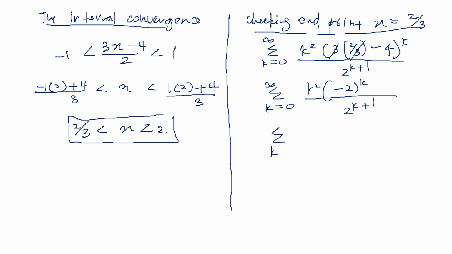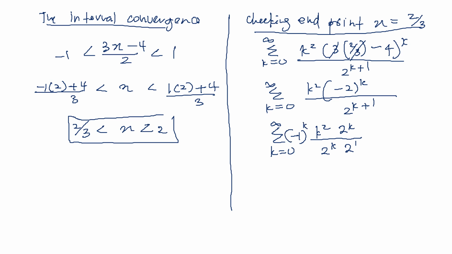Next, we simplify, k equals 0 until infinity. You will get k squared, negative 2 to the power of k over 2 to the power of k, and then 2 to the power of 1. As negative 1 to the power of k, we can write it here.